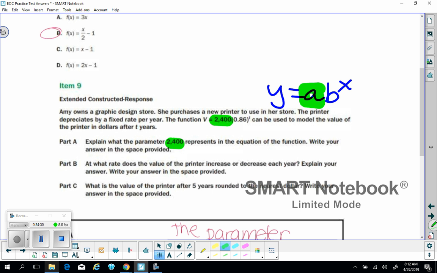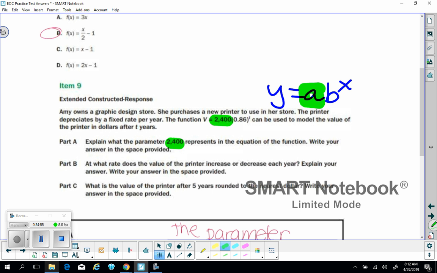What does my A stand for? Does anybody remember? It's the y-intercept. Perfect, Victor. So it's the y-intercept, but in this example, what is the y-intercept? It is 2,400. What does the 2,400 represent? She owns a graphic design store.